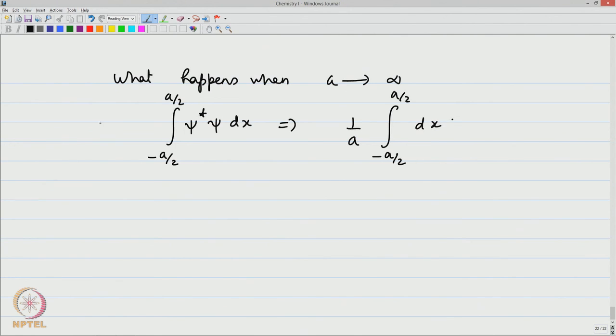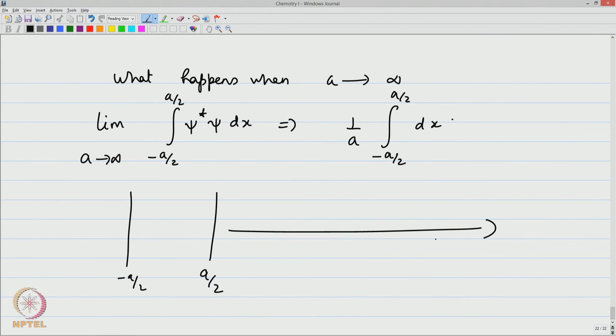Now, you want to take the limit a tending to infinity, that is, you are extending this finite box from minus a by 2 to plus a by 2 by opening it up all the way with this function, namely 1 by square root of a e to the i k x.